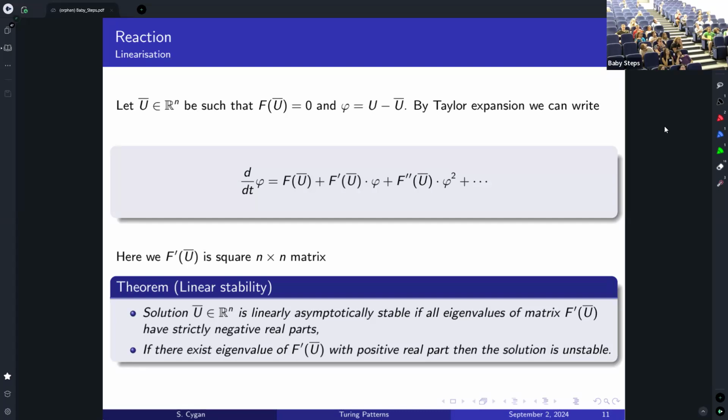This follows from the exact expression for our solution. On the other hand, if f prime, our reaction matrix computed at the point u-bar, has an eigenvalue with a positive real part, then the solution is automatically unstable.